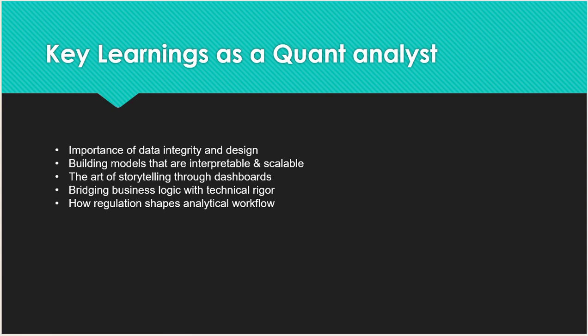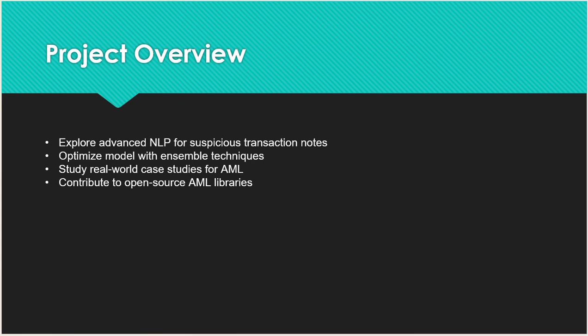You understand the coding part, the visualization part, and building a model that is interpretable and scalable. Communication is key: translating model output into an impactful narrative, and adding icon and visual skills for SQL, Python and Tableau reporting, how regulation shapes the analytics workflow, bringing business logic together with technical rigor. All these things we learn from this project.